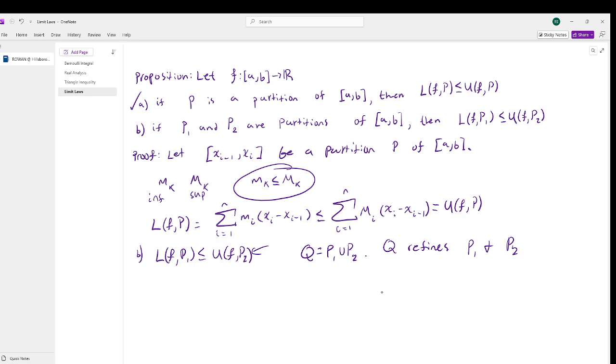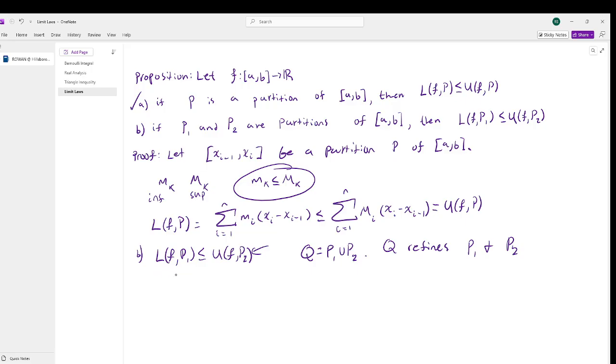Why? Because P1 is a subset of the union of P1 and P2. You're either adding points or keeping it the same, so you're refining it. Same thing for P2.